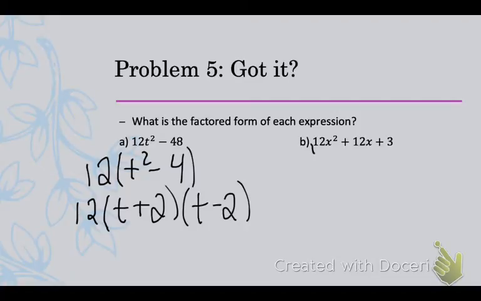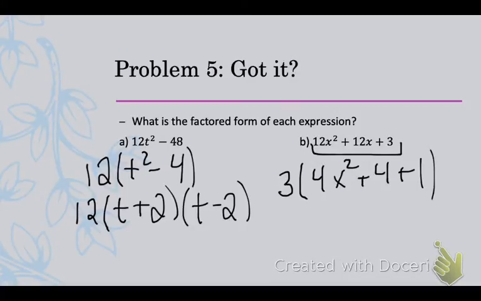And then for this one, it's all the way back to the beginning of the video. I can factor out a 3, which leaves me with 4x squared plus 4x plus 1. Okay, I know this is a perfect square trinomial because the square root of 4 is 2, the square root of 1 is 1, 2 times 1 is 2, and if I double that, I get 4.